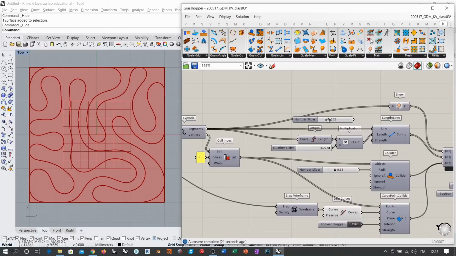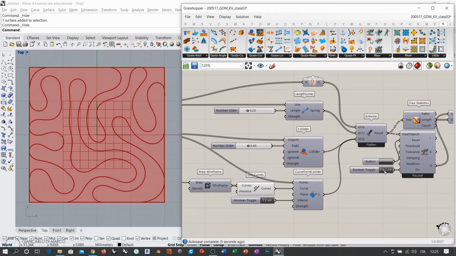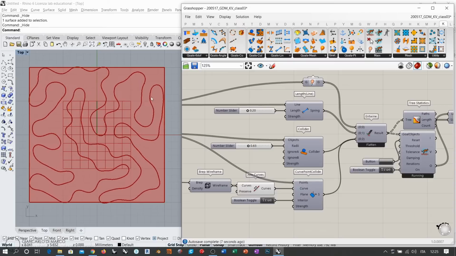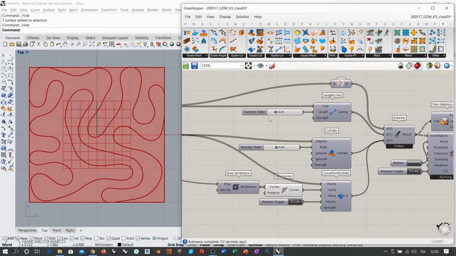Okay, so I will reduce this, for example, to more or less 0.2. Let's say that in this case we are more or less in this range, and I will substitute this slider in the rest length. Okay, so if I do this, I simplify this part of the simulation, and you see that I am shrinking this elastic body a little.